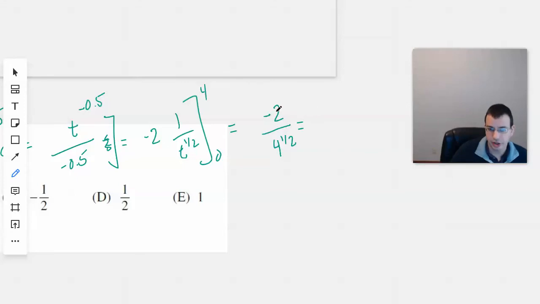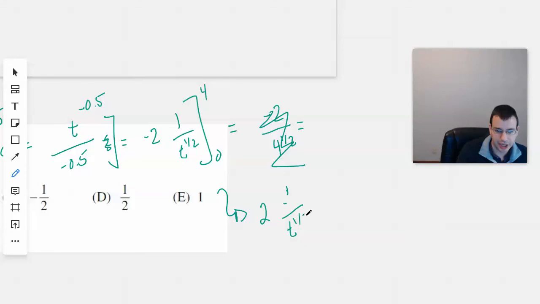Actually, one other thing I'm going to do real quick is with limits of integration, you can reverse them by multiplying by negative 1. So this is the same as 2 over t to the 1/2, from 0 to 4.